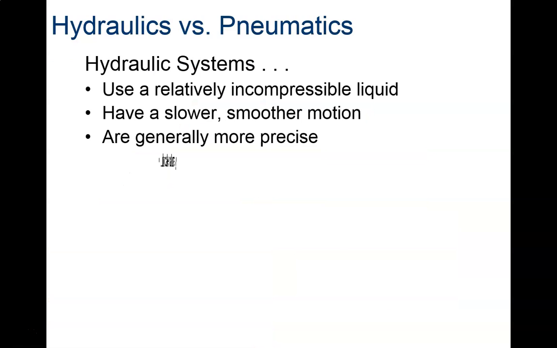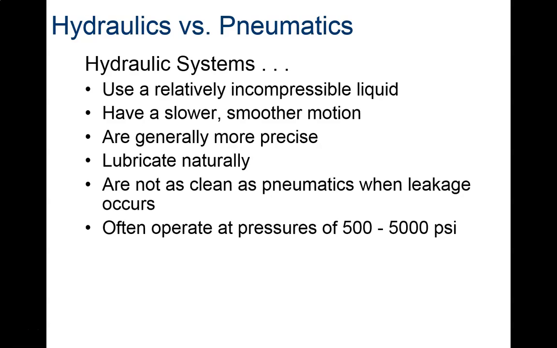So the difference between this and a pneumatic system: hydraulic systems use a liquid, typically an oil, which doesn't really compress. They're slower and smoother in their motion as opposed to the jerkier pneumatic or gas-powered devices. They're more precise since they're slower and smoother.